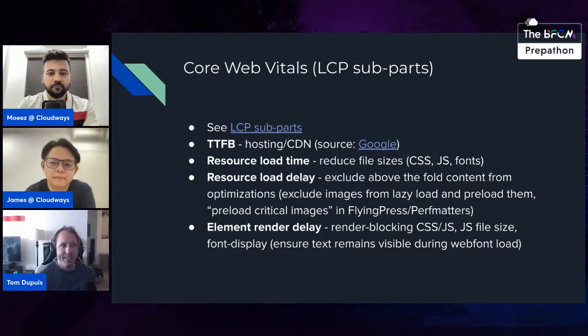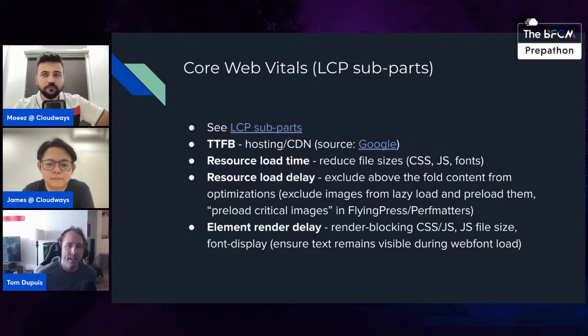The reason people get so confused about LCP is because load time is such a broad thing to improve. So LCP is definitely the Core Web Vital that people struggle with most. And I believe resource load time is also 40%. And then the other 20% is resource load delay and element render delay.